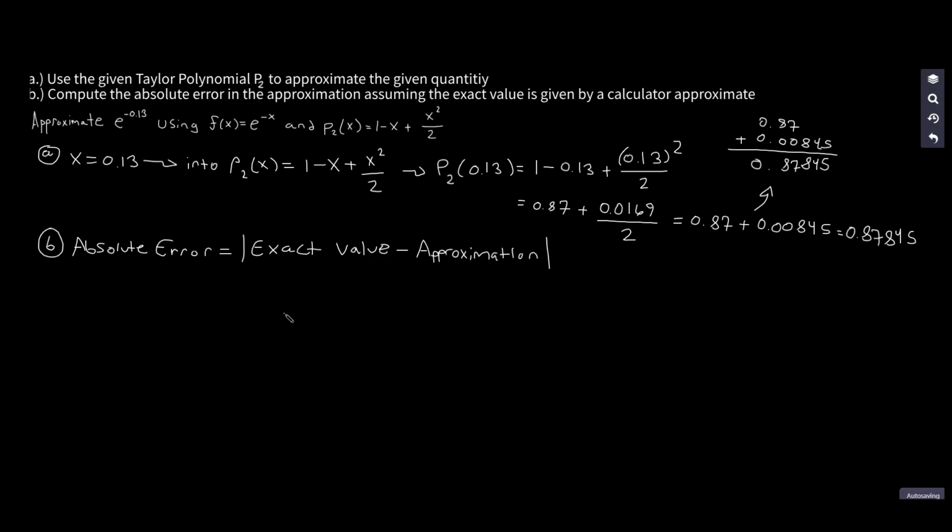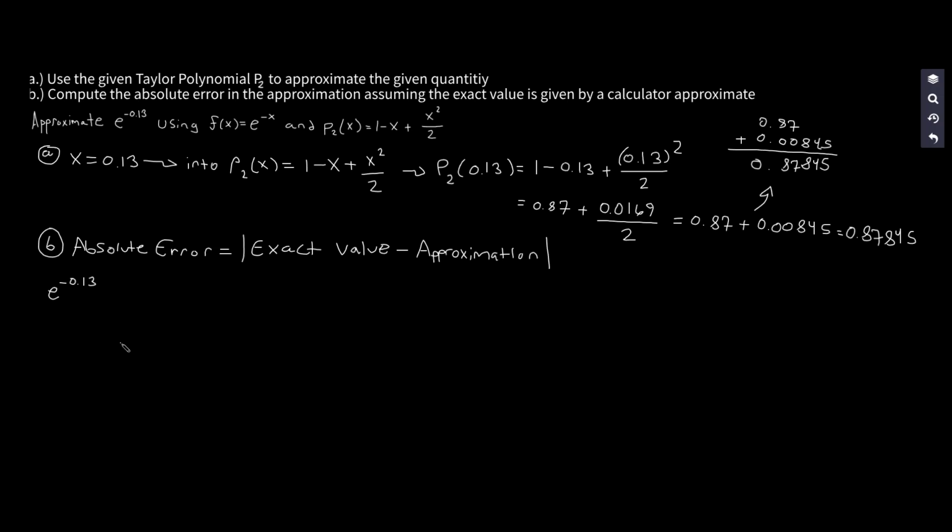All right. The absolute error is the absolute value of the difference between the exact value and the approximation. So we're asked to use a calculator to find the exact value of e raised to the power of negative 0.13. What is the exact value?